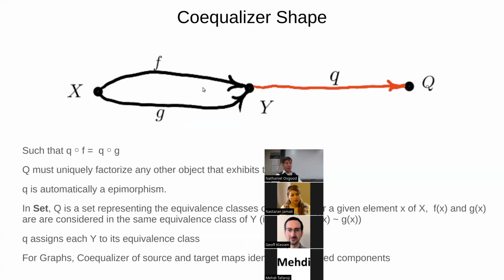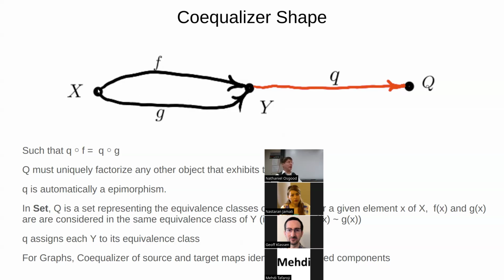And here, capital Q, if X, Y, and Z are sets, capital Q is going to be the set of equivalence classes of these in Y. So the idea here is that if X is a set, there's any element little x, and F maps x to a given value in Y, G maps x to a given value in Y, those two are considered in the same equivalence class, right?